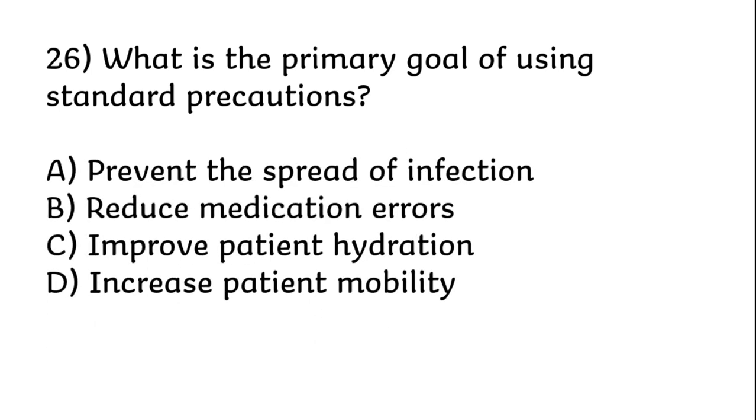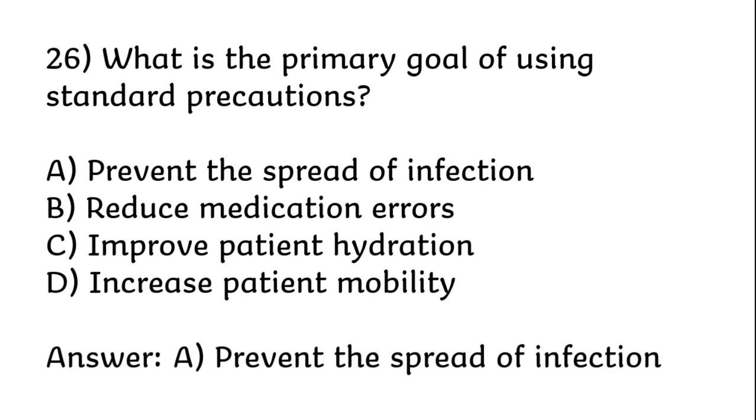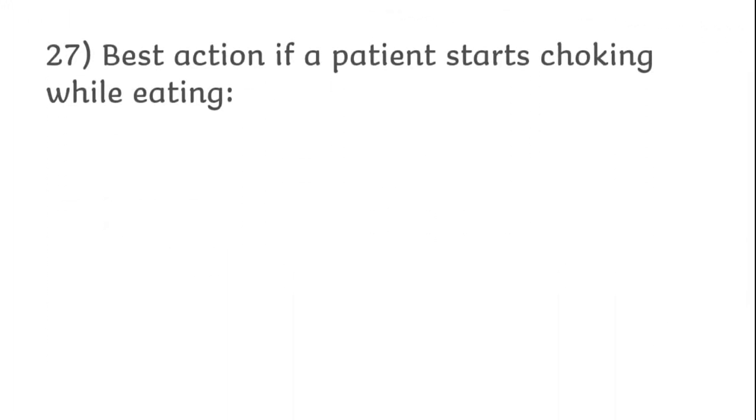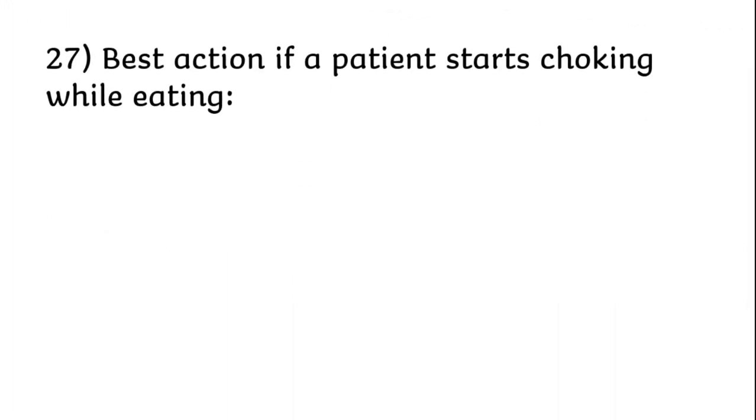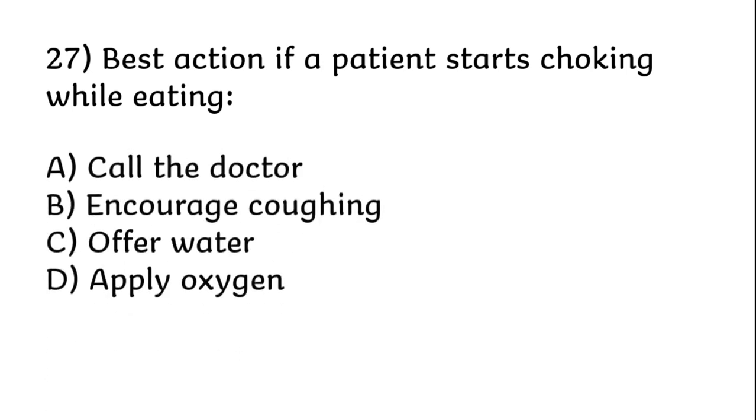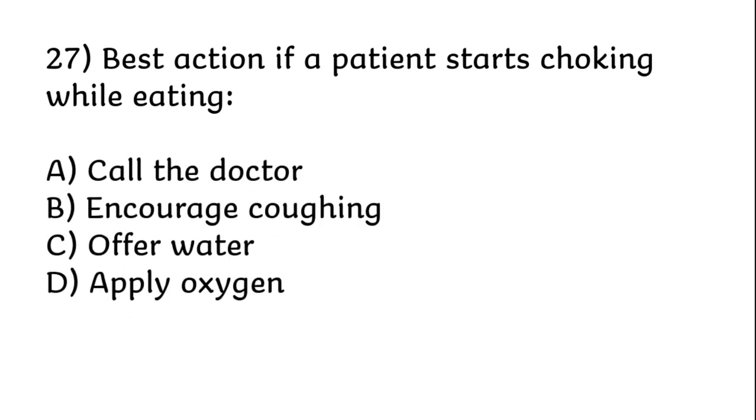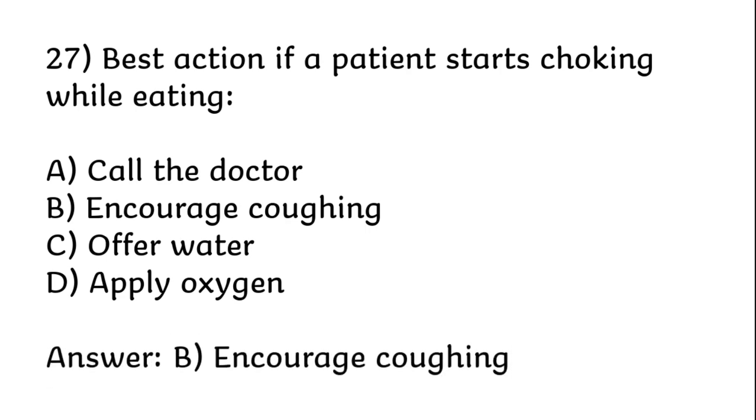Prevent the spread of infection, reduce medication errors, improve patient hydration, increase patient mobility. Correct answer is option A, prevent the spread of infection. Best action if a patient starts choking while eating. Call the doctor, encourage coughing, offer water, apply oxygen. Correct answer is option B, encourage coughing.